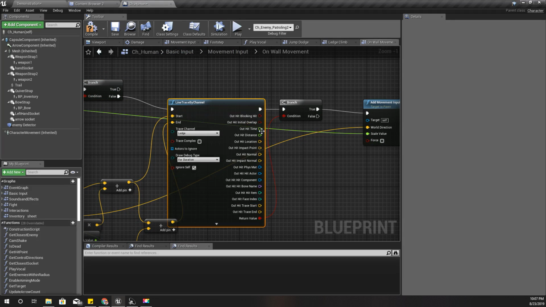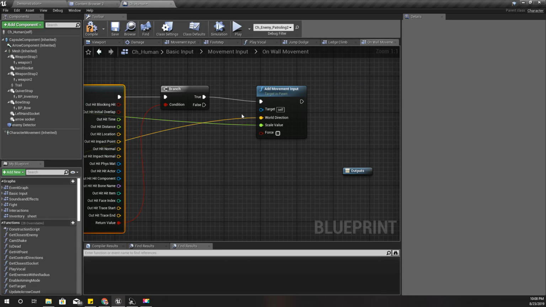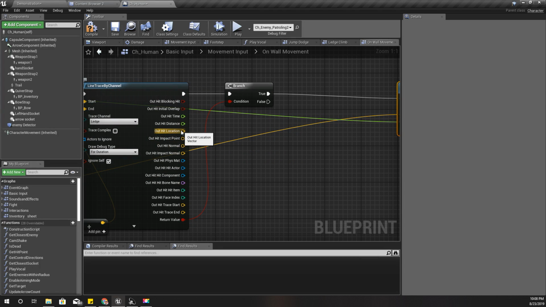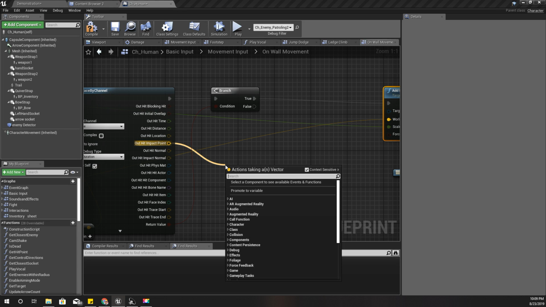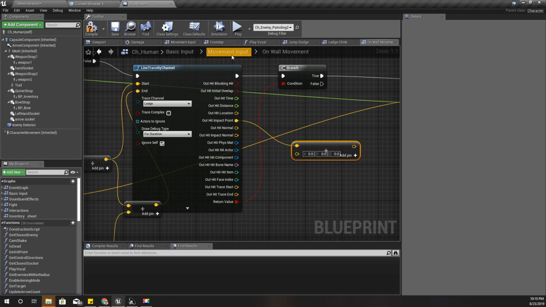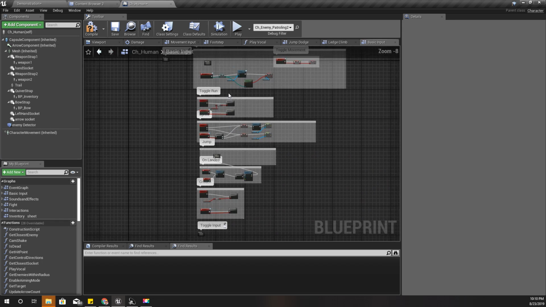Let me split this, and then if this is true, that means I have a hit, and then I can get the hit location. Right, let's get the hit impact point, and then what is the length I have to maintain in order to keep this guy on the wall?